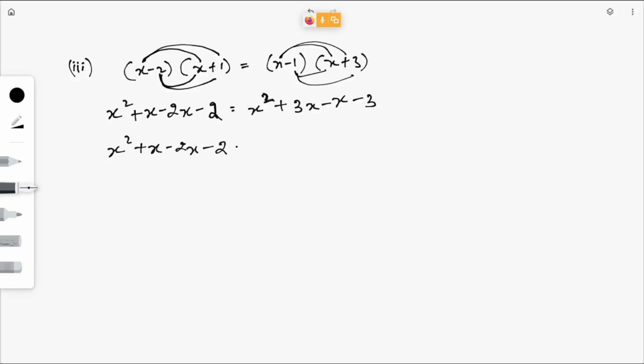If you take this one, minus x square, and then here minus 3x, and then plus x, and then plus 3. The signs will change. When you take all these terms to the RHS, all the signs will change. Plus x square will become minus x square, plus 3x will become minus 3x, minus x to plus x, minus 3 to plus 3, is equal to 0.